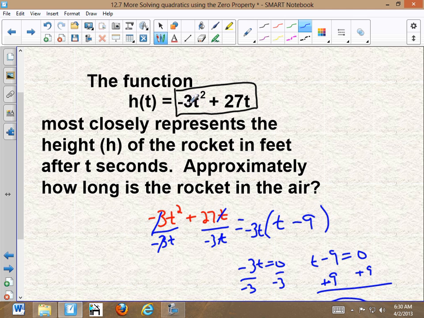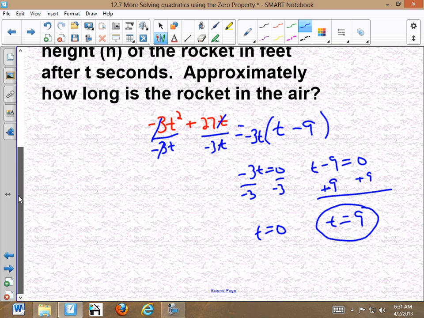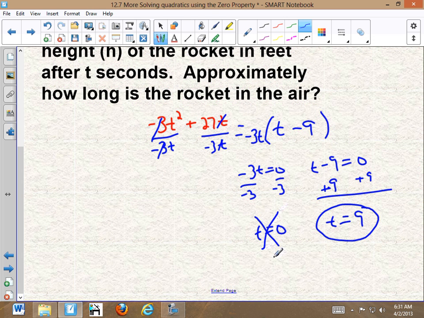This is what we're solving. If we solve for t, we'll know how long the rocket was in the air. So we factored out a negative 3t, then we solved for every single t. Now, the rocket went in the air, so could the rocket be in the air for 0 seconds? No, that's not a possible answer. If you get negatives or 0, that's not a possible answer.